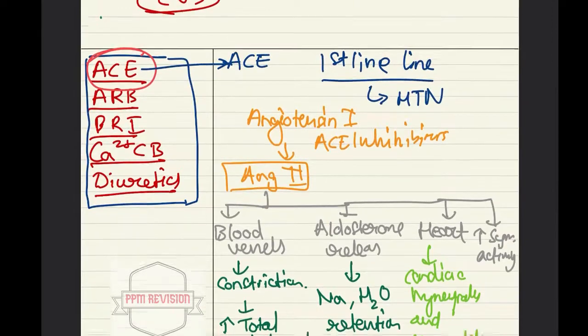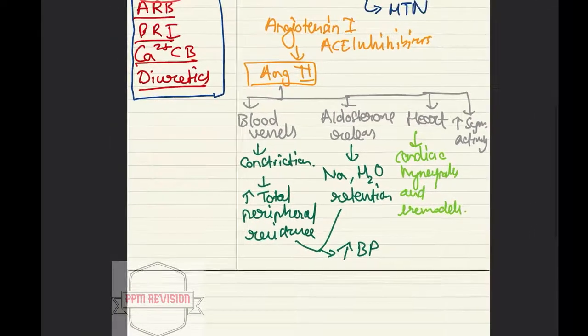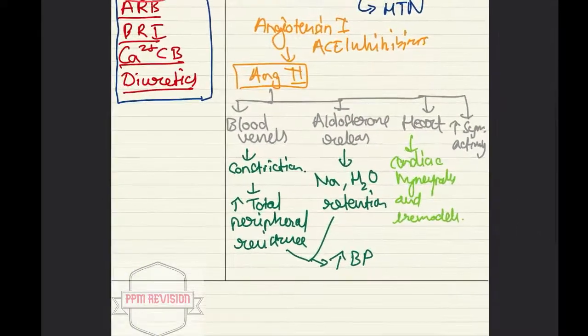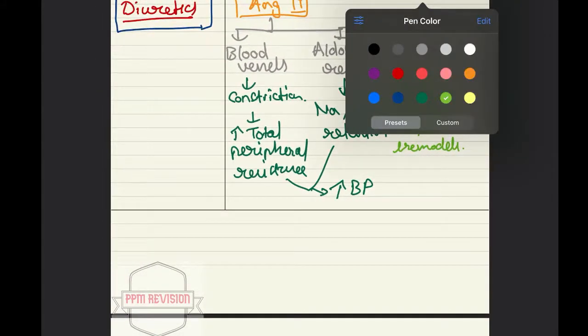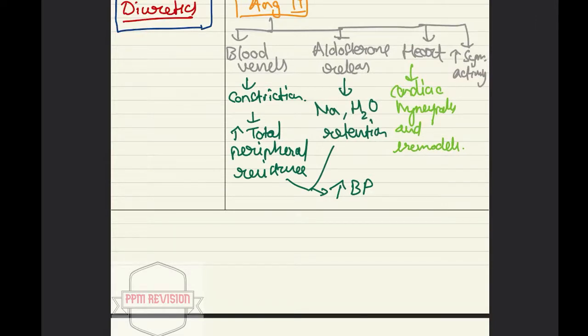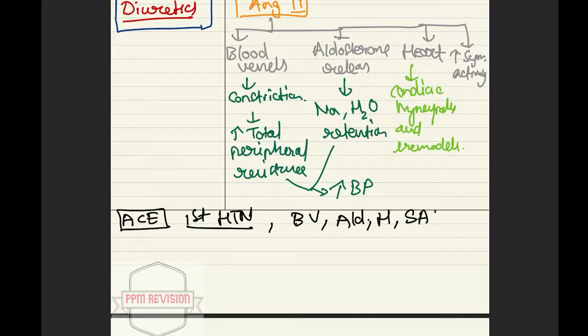So now as I finish the page, I'll be summarizing this. So we had just seen that we have read ACE inhibitors. Summarizing, I'll do it in black. So looking at the summary, ACE inhibitors we had read, and it is nothing but the first line drug in hypertension, and then the action is on blood vessels, and also aldosterone release, acts on the heart as well, and the sympathetic activity is increased.